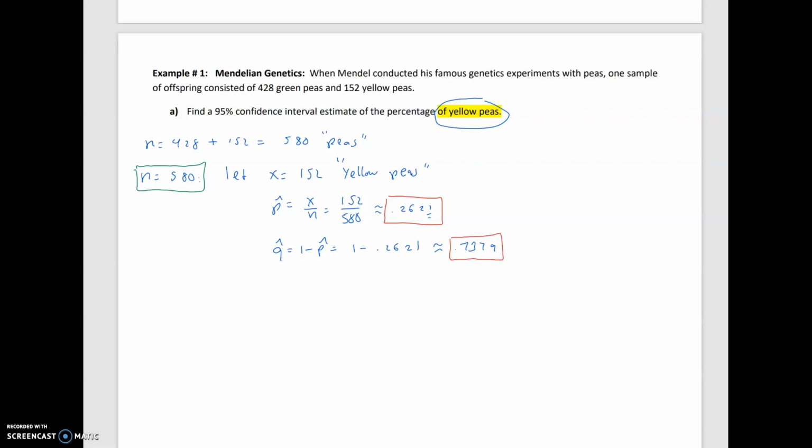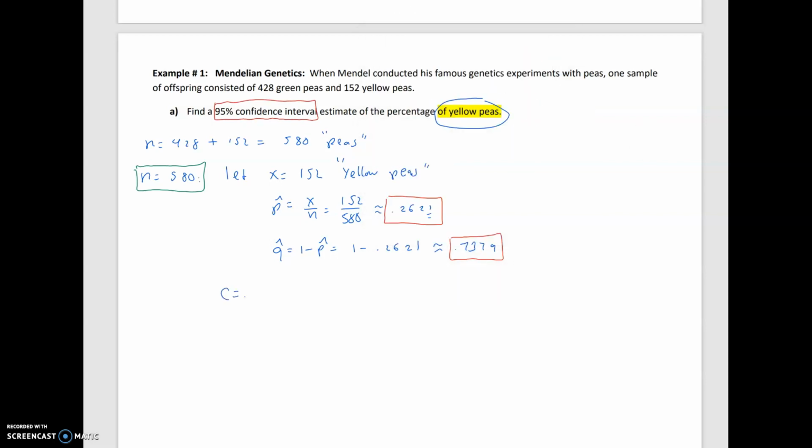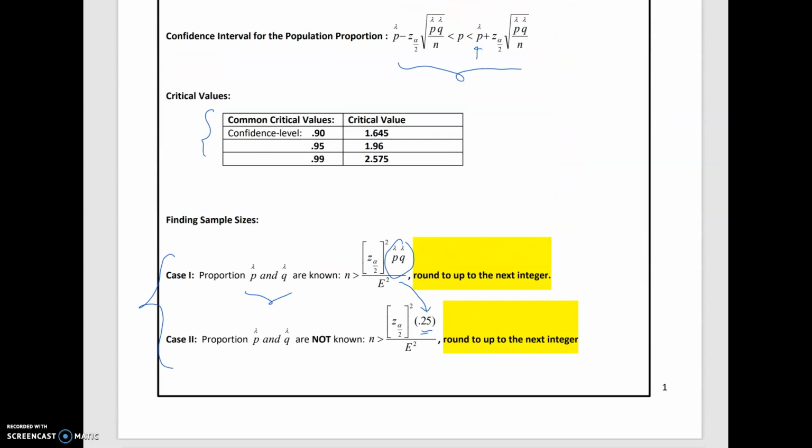Okay, we actually have almost everything except the critical value. So because the value of c happens to be 95%, then in this case, C is equal to 0.95, then the critical value, at 95%, it's actually one of these, so it's going to be 1.96.